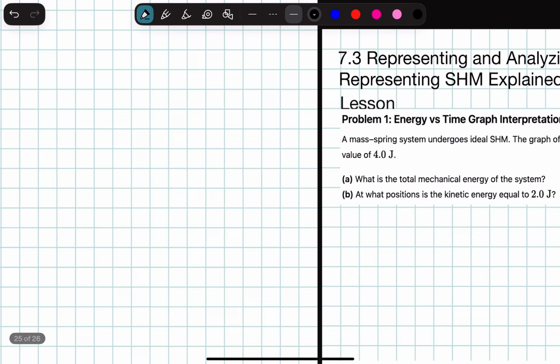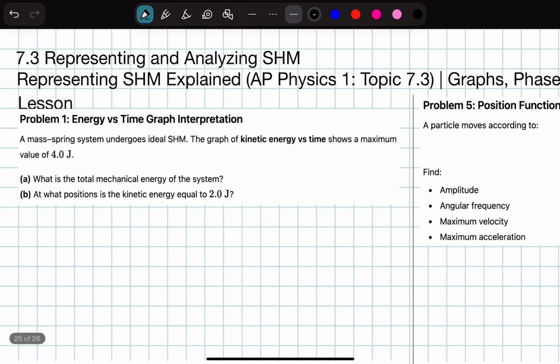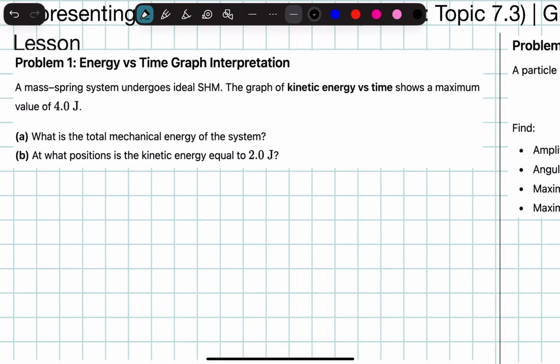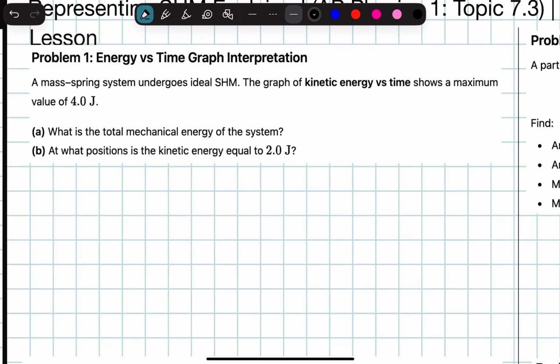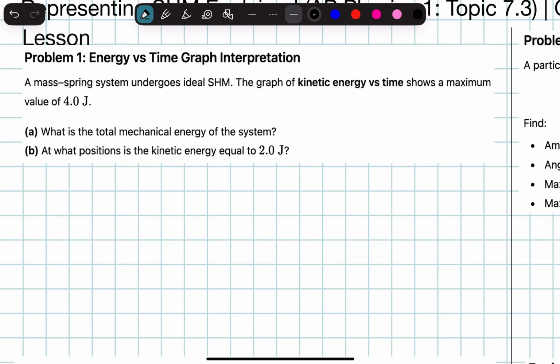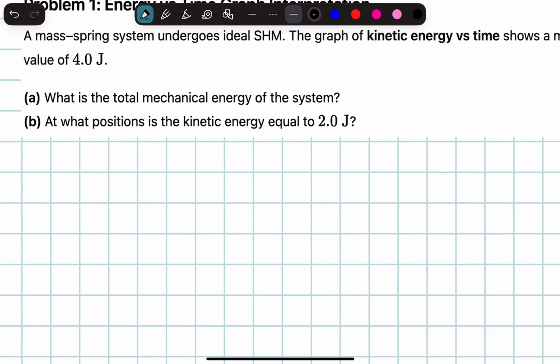Now, we can continue on with our next question. A mass spring system undergoes ideal simple harmonic motion. The graph of the kinetic energy versus time shows a maximum value of 4.0 joules.